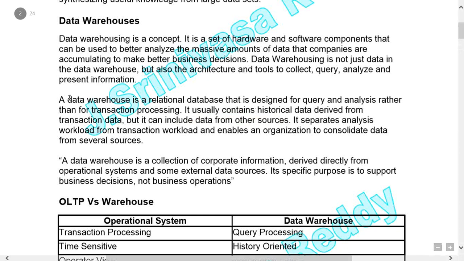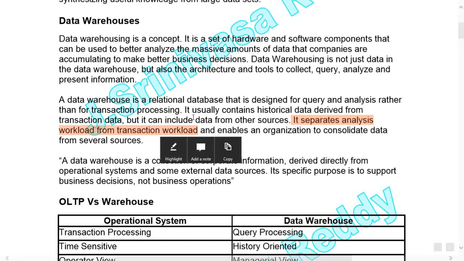By setting up a separate database as a data warehouse for the support of decision making and report generation, for querying and analyzing the data, we can successfully separate the analysis workload from the transactional workload.